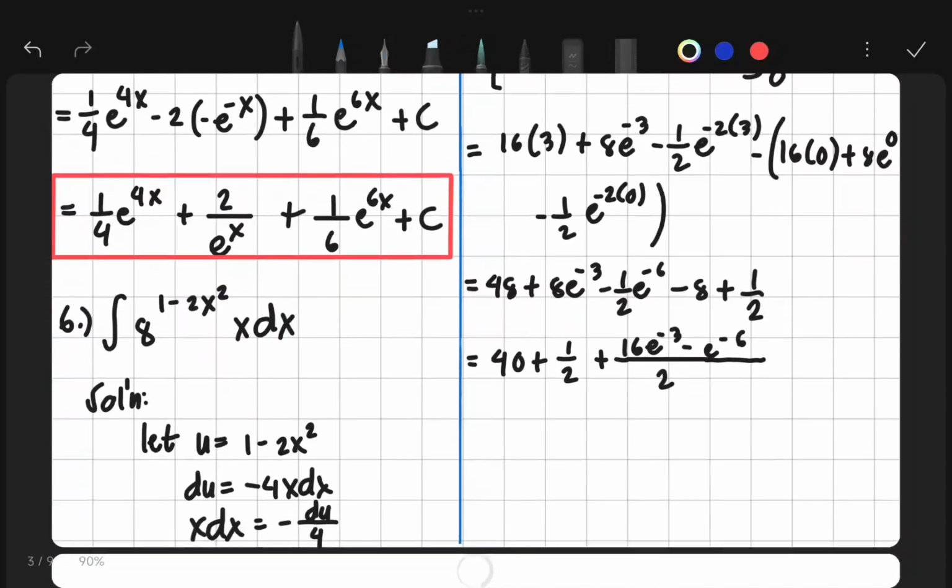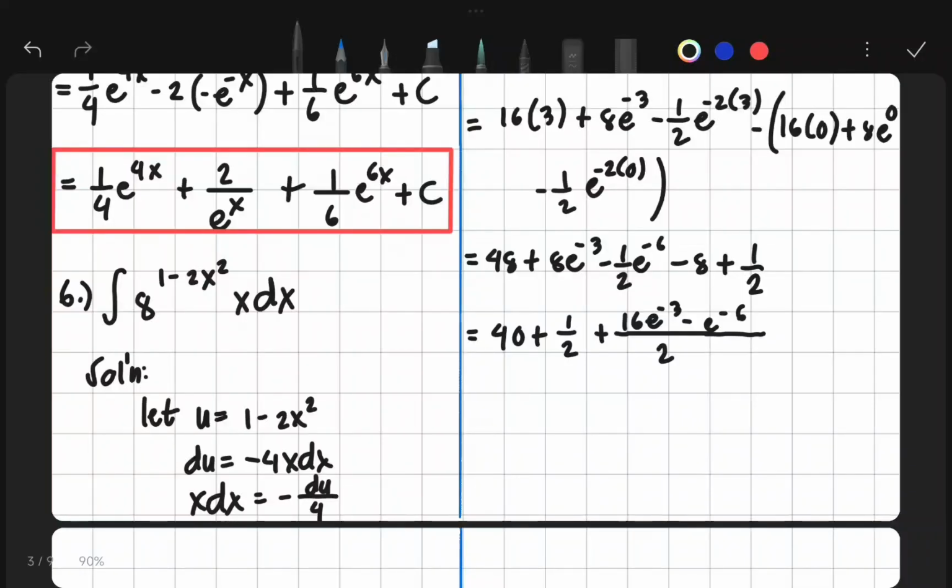And I can combine the common fraction using the LCD, or just add the fractions.